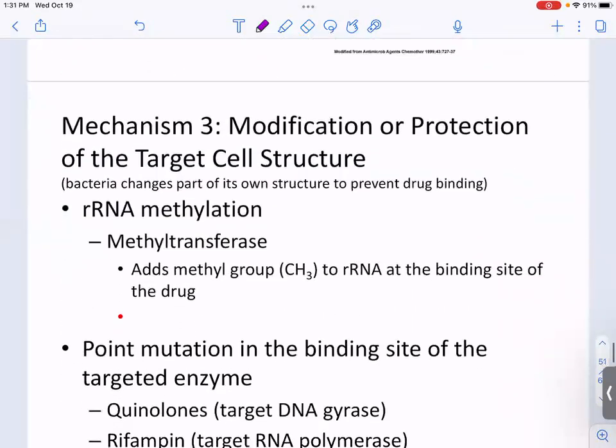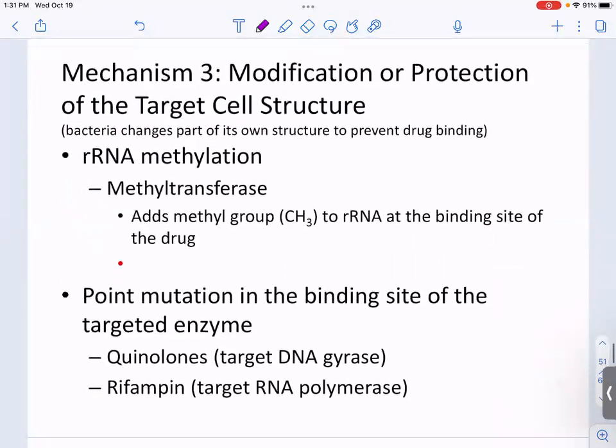Okay. Third mechanism, modification or protection of the target cell structure. So the bacteria is changing its own structure just slightly, not enough to impair its function, but enough so that the drug can't bind to it. Okay, so a couple of examples, ribosomal RNA methylation.